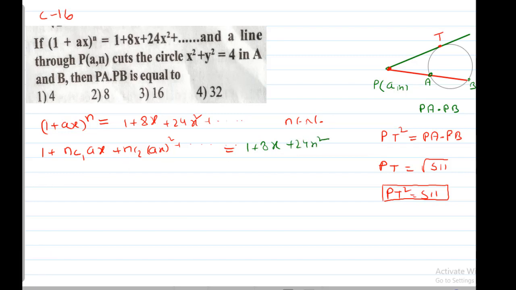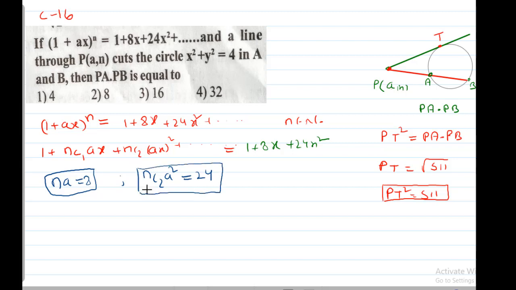So now you can compare like terms on either side. What happened? na equals 8. One thing. Next, nC2 × a² equals 24. By using these two relations you want to find the values of a and n. So first of all I want to simplify the second one. n × (n − 1)/2 × a² equals 24.